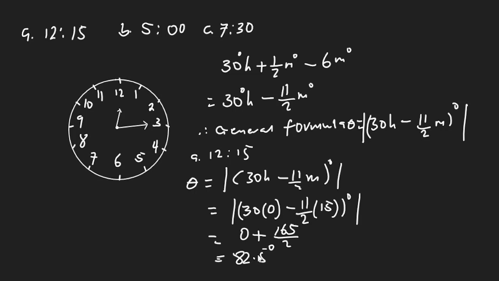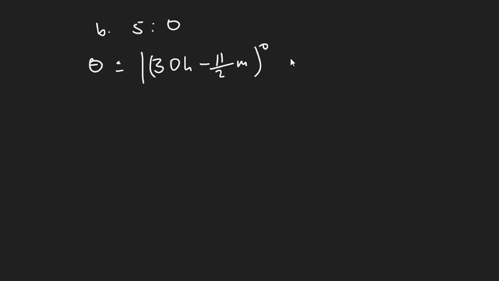So in terms of the angle between the minute hand and the hour hand when the time is 12:15, it is 82.5 degrees. So when the time is 5 o'clock, we have theta is equal to 30 degrees per hour minus 11/2 per minute, all in degrees. So this gives us 30 multiplied by how many hours? 5 hours, minus 11/2, how many minutes?